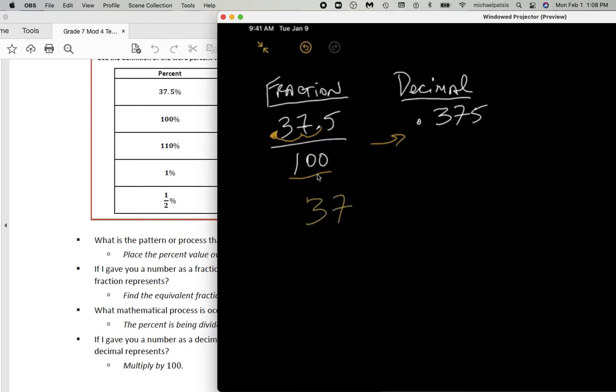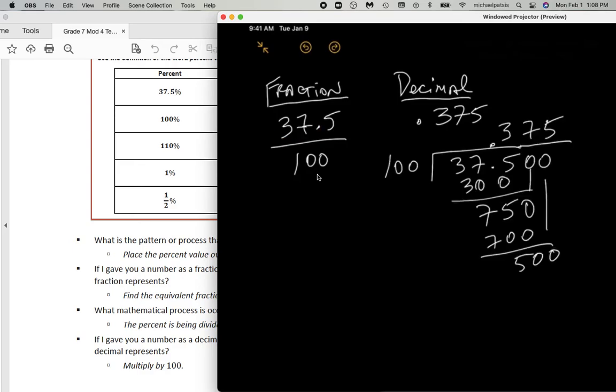So if your original number is 37.5 over 100, we know that the final number is going to be smaller. And indeed, 0.375 is smaller than the original number, which is 37.5. Okay, now we have a fraction and we have a decimal, so we are done.